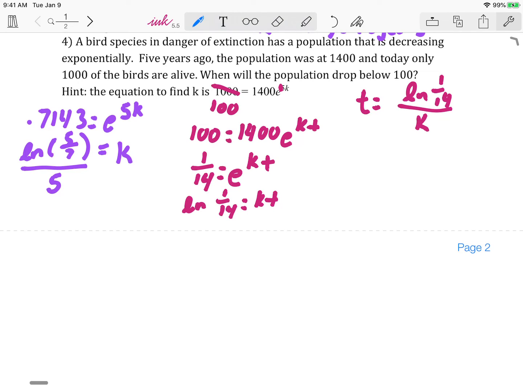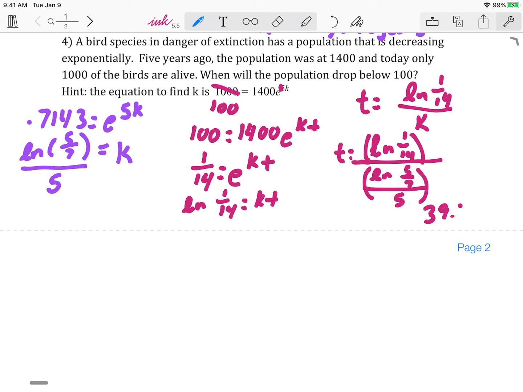And you know what k is from over there. So technically, it's the natural log of 1 over 14 divided by the natural log of 5/7 over 5. If you put that in your calculator, you end up getting 39.2 years.